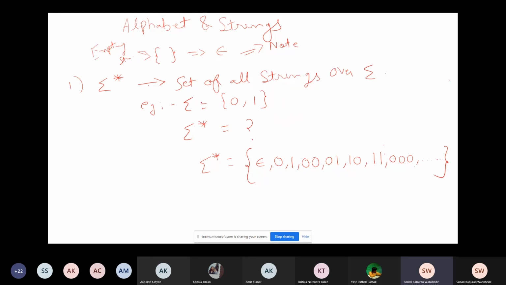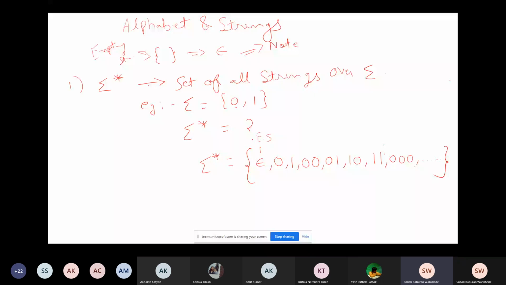The question was, I'm given an alphabet, sigma is equal to 0, comma 1, and we have to find the set of all strings over sigma, and that is represented by the sigma star. So sigma star is equal to, we are including epsilon. It stands for empty string. Similarly, I'll write the two values given in that alphabet sigma, 0, comma 1.